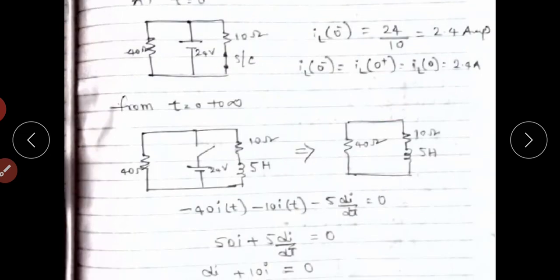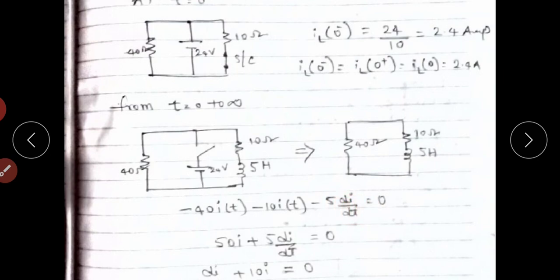Next, apply KVL. Assume the current direction is clockwise, with current I of t. The equation is minus 40 into I of t minus 10 into I of t minus 5 into di by dt equals 0. The voltage across a resistor is I into R, so 40 into I, and for the other resistor, 10 into I. The voltage across the inductor is L into di by dt, with L equal to 5.